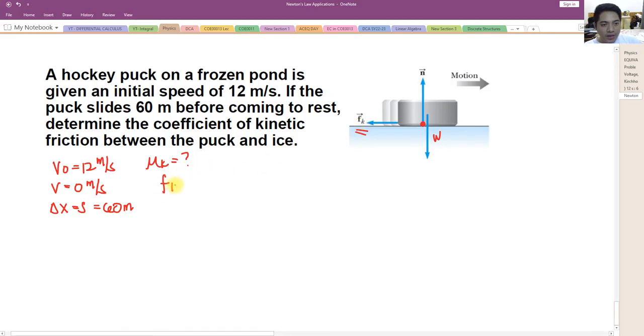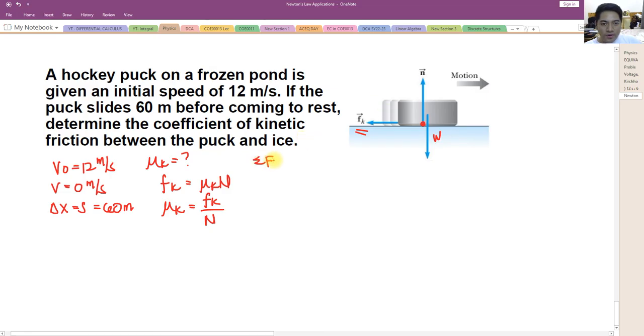Of course, the kinetic friction is mu k times N. So in order to get the mu k, we have kinetic friction over N. But the problem is, we don't have the kinetic friction, and we also don't have the normal force.